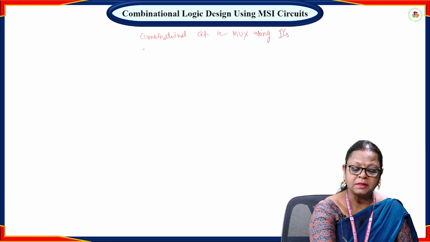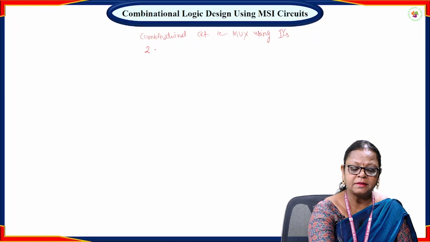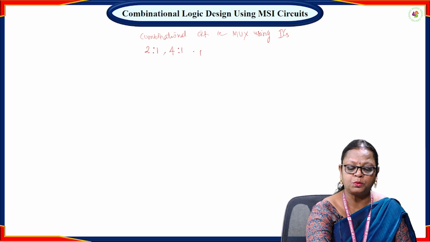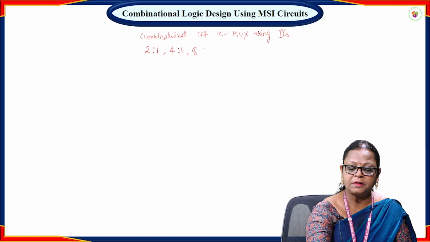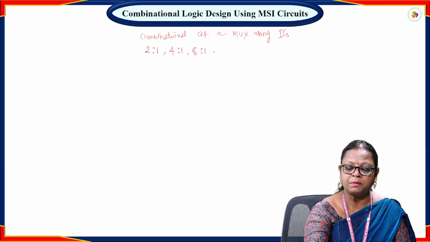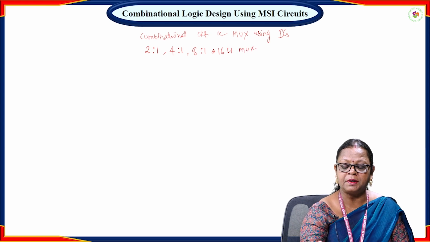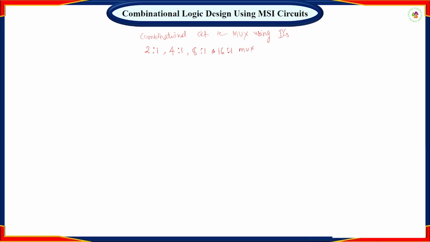These MUX or multiplexer circuits are available as integrated circuits as 2 into 1 MUX, 4 into 1 MUX or 4:1, then 8:1 MUX, 16:1 MUX, and so on. These are the different sets of multiplexers which are available in the form of integrated circuits. So which different multiplexer ICs are available?